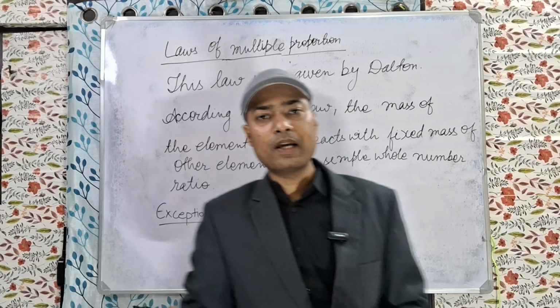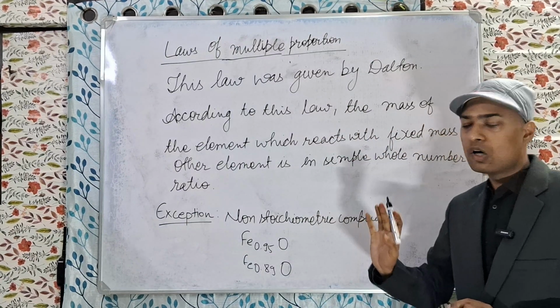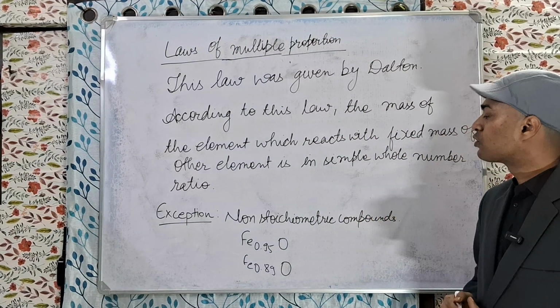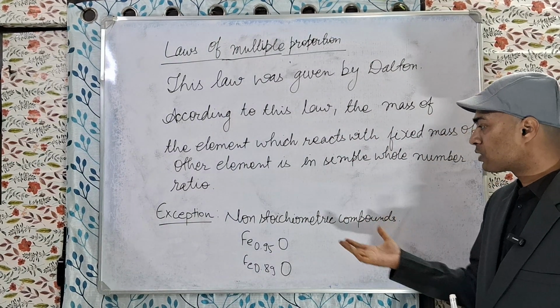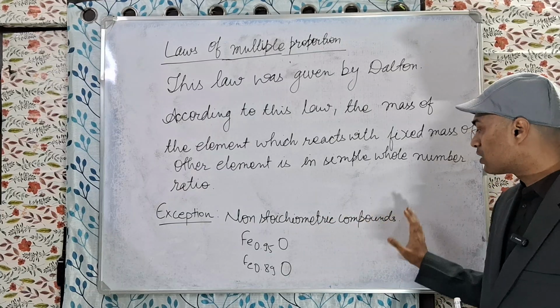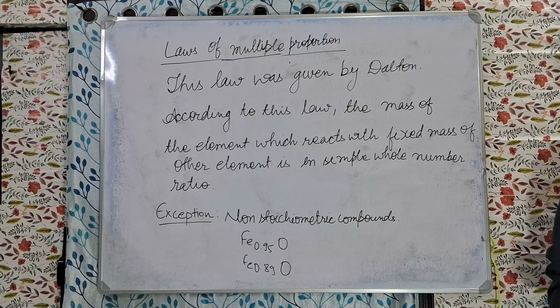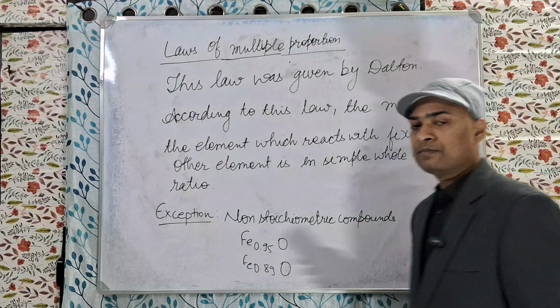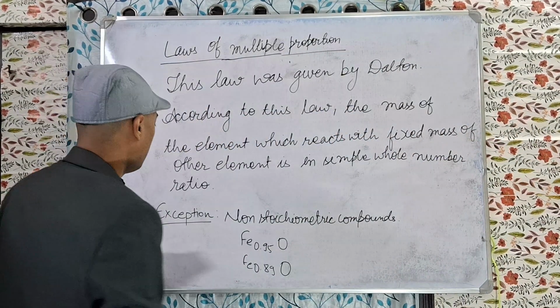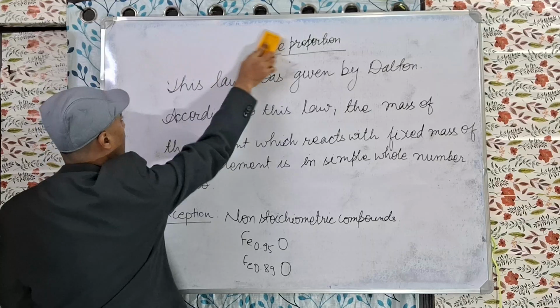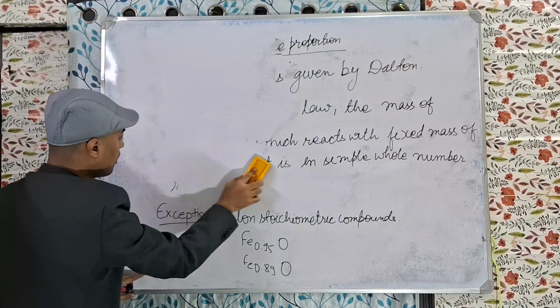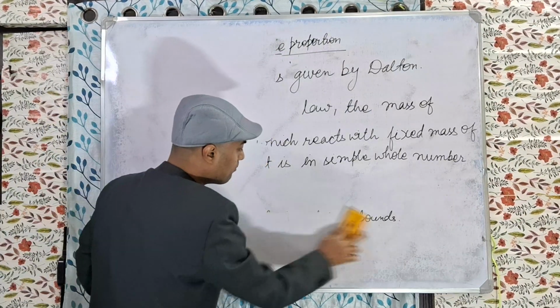So this cannot be considered in simple whole number ratio. So law of multiple proportion has its exception as non-stoichiometric compounds. So you can write it down. Now we'll again do one question on it, on law of multiple proportion.